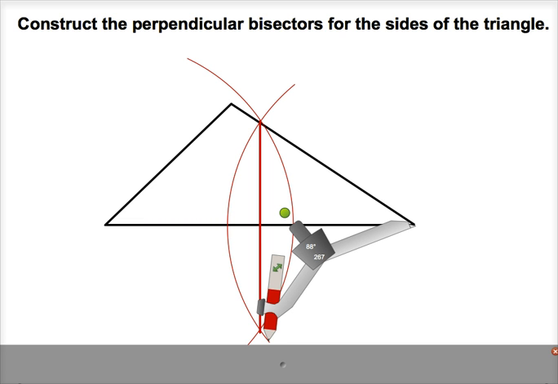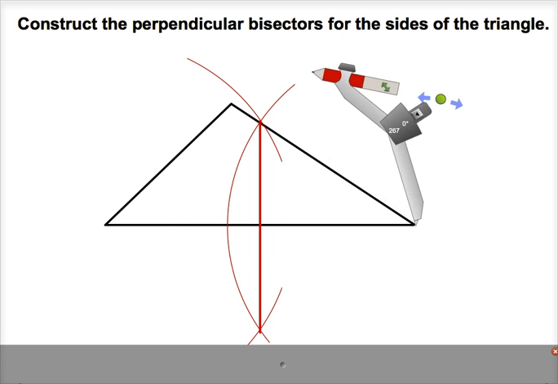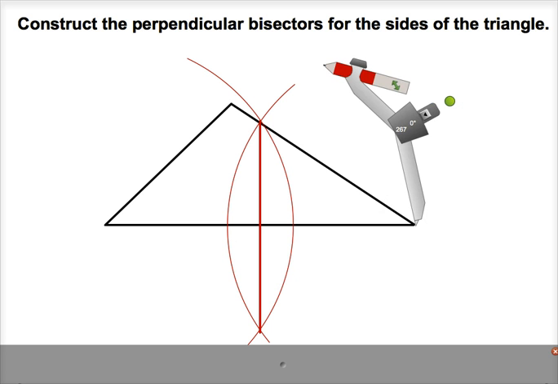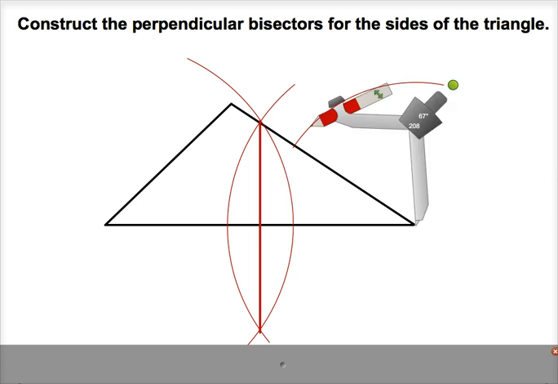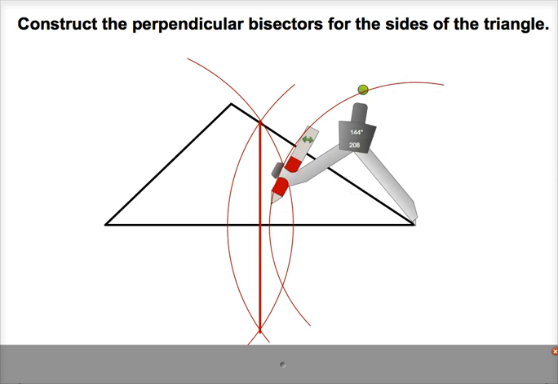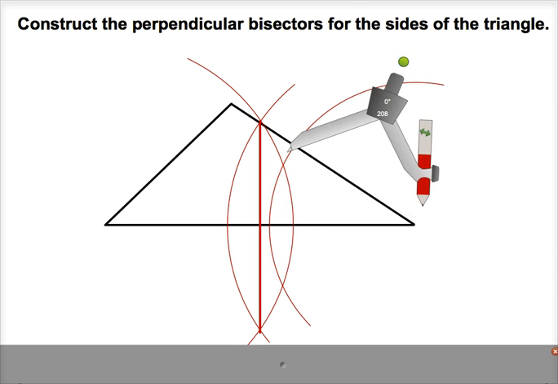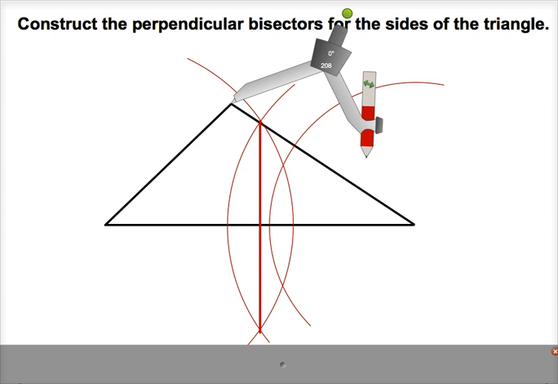So if I try to construct the perpendicular bisector for the top right side, I just open my compass up to make sure that it's more than halfway. Swing an arc, and I do that from each side of the segment.